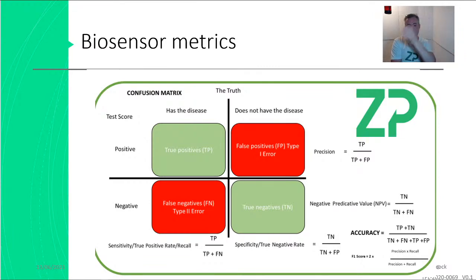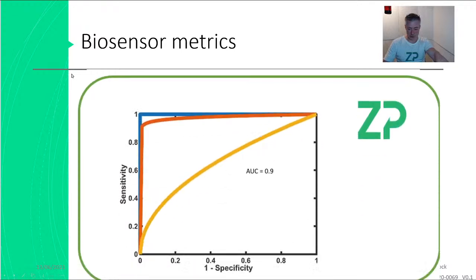And when you're trying to diagnose a disease, you really want to be able to give an answer: does somebody have COVID-19, yes or no? That's almost like a digital response. Whereas in some applications, you actually want to know the concentration of the particular analyte. So we're going to discuss that on Thursday as well.